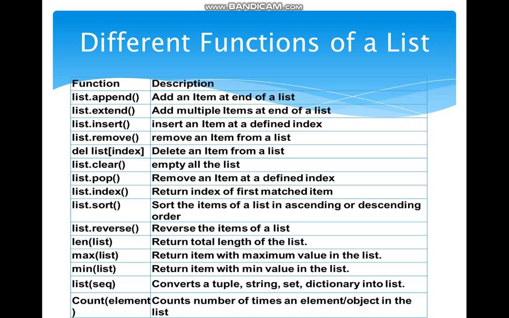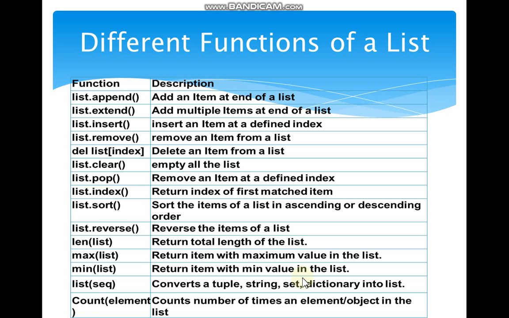And to use each and every function, we have to append it with the dot operator, period operator, right? If you want to use any function, then you have to use it with the dot operator: the list name, then the function name. So here you can see a variety of operations that we can perform on a list.